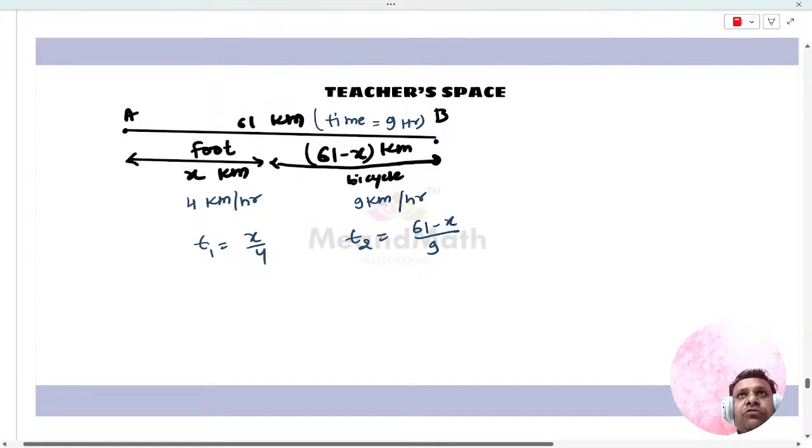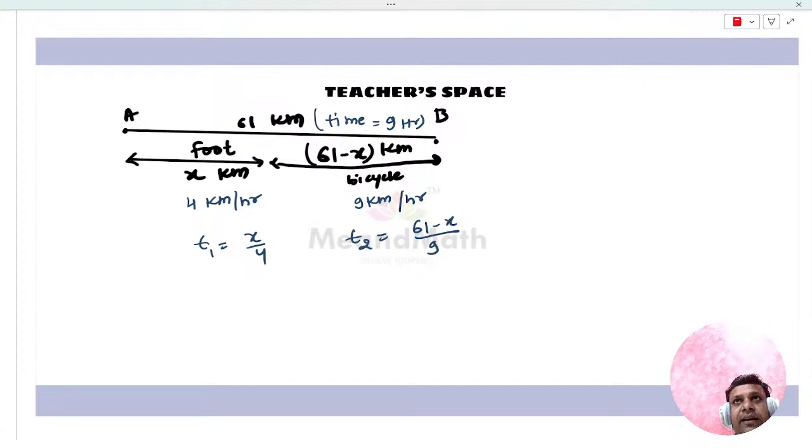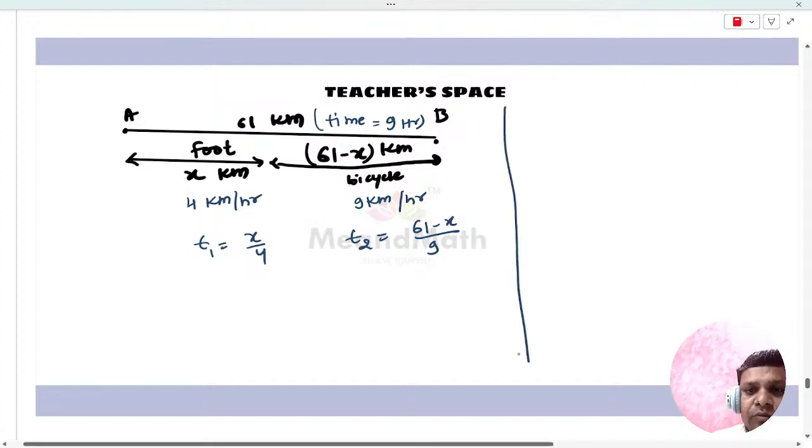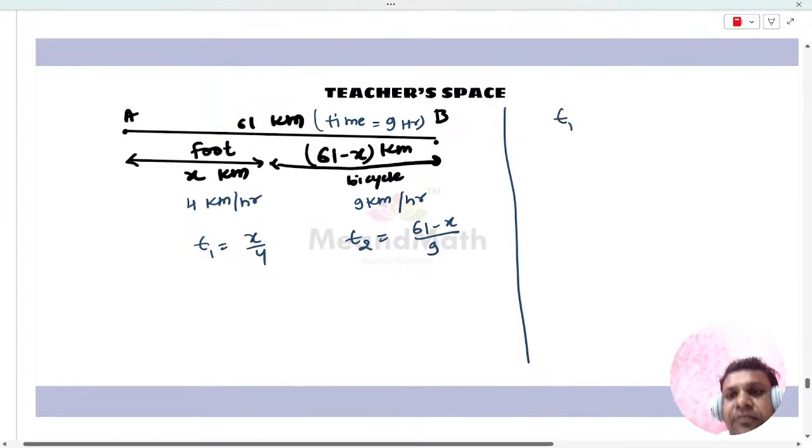If we add both times, you will get 9, because total time is equal to 9 hours. This is given in the question. So T1 plus T2 is equal to 9: x by 4 plus (61 minus x) upon 9 is equal to 9.